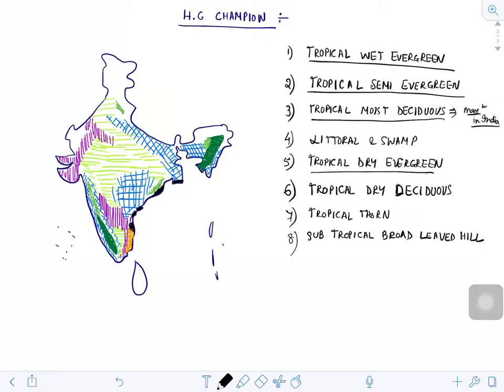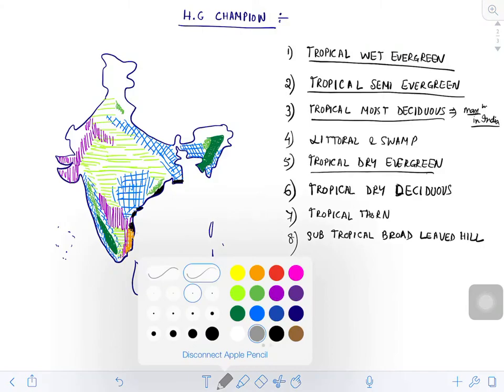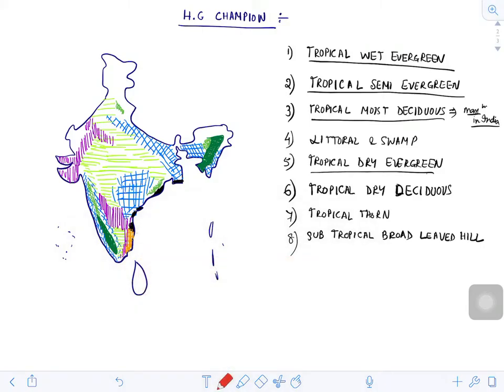Now that includes areas such as which area? It will be in some parts of Assam, then some parts of Uttarakhand. That's it.